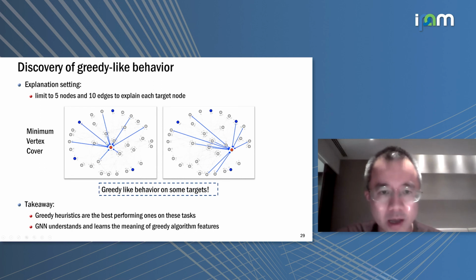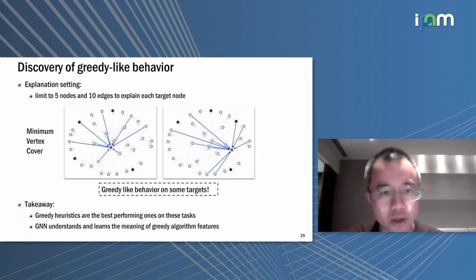The explainer is actually able to show that the learning algorithm is something like a node greedy. Okay, so it's actually selecting these edges around a particular node, and these edges around a node is actually the important information for determining whether the node should be in the solution set or not.